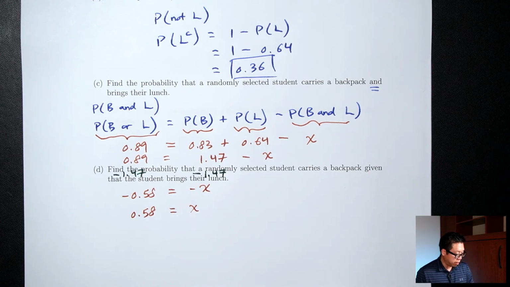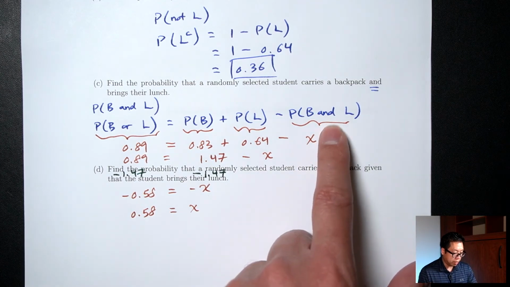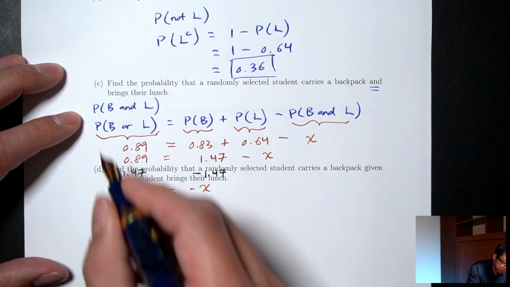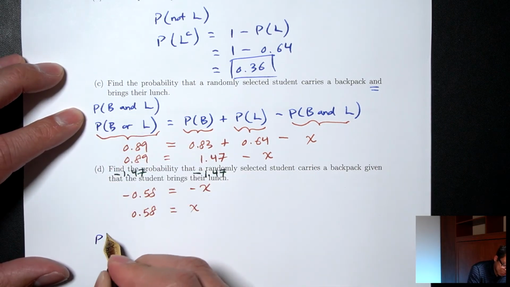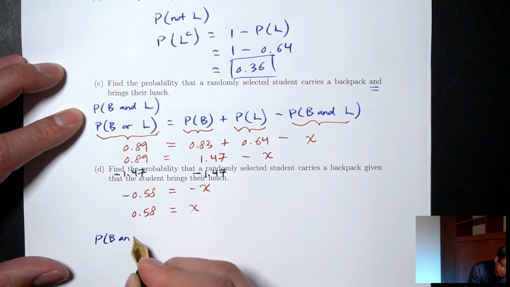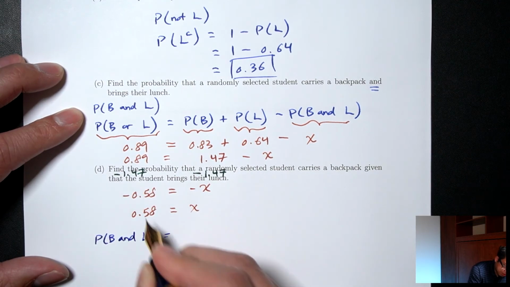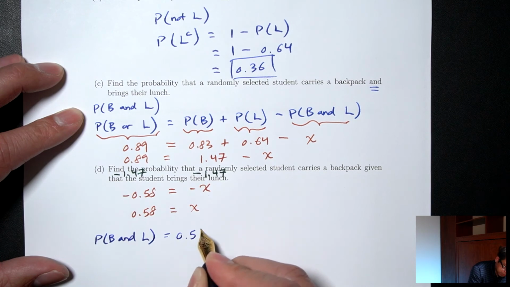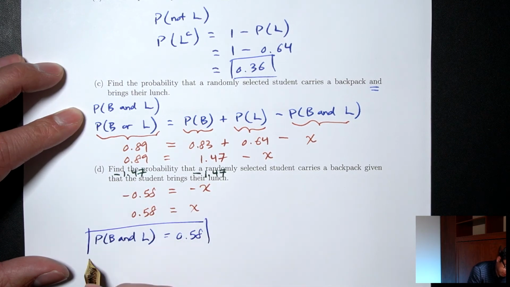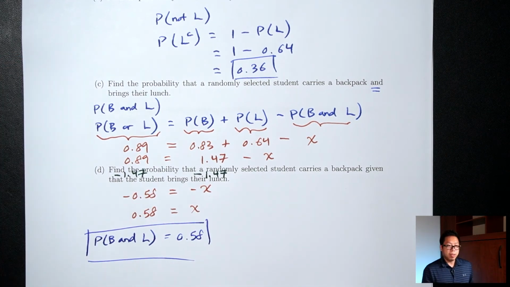Okay, so what did I just find? I just found the X, which is the and. So I just found P of B and L is 0.58. Okay, so that was part C.